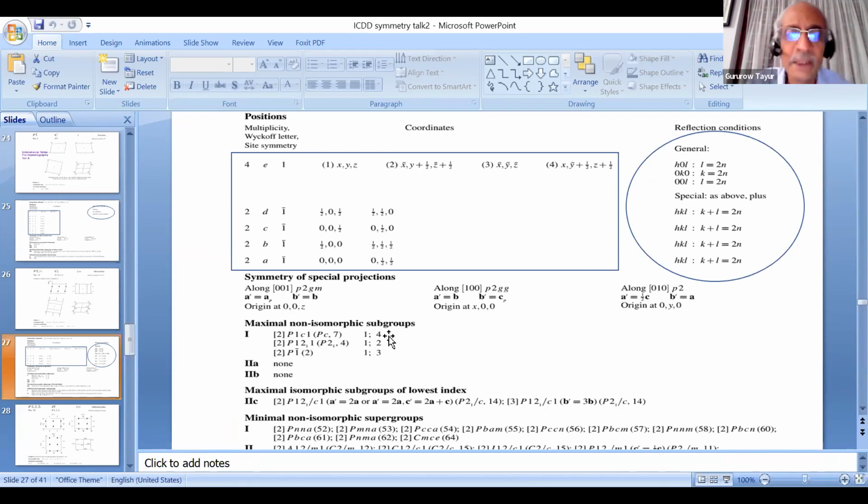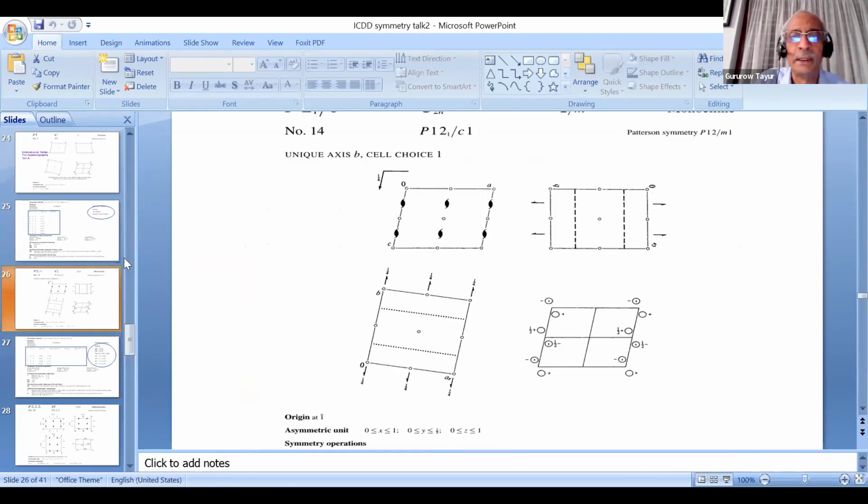It's not exactly a ratio, but if we have P21/c, effectively we can take Pc and combine subgroups of these. That means we can have P21/c divided into blocks in the unit cell. If we go back to the previous diagram, we can divide this into blocks, and each of these blocks will be one unit, and that will represent the space group Pc.